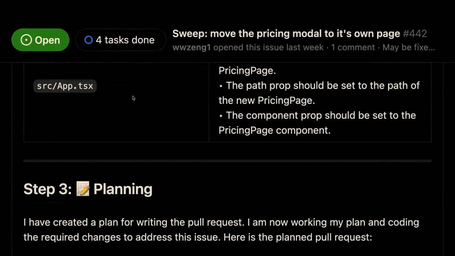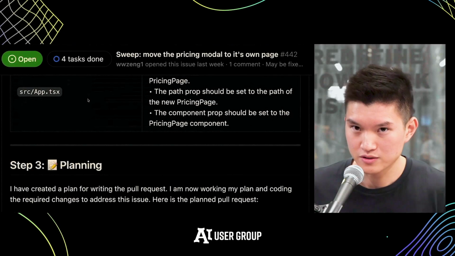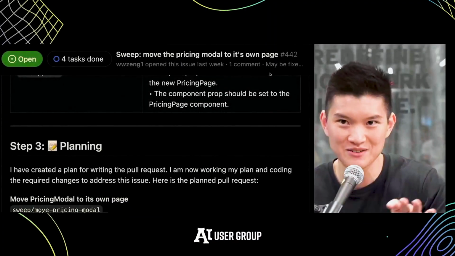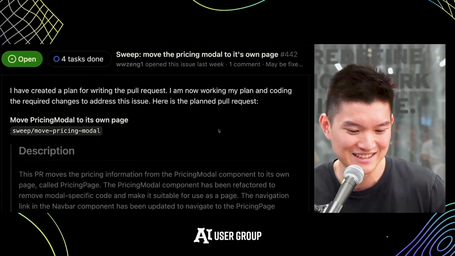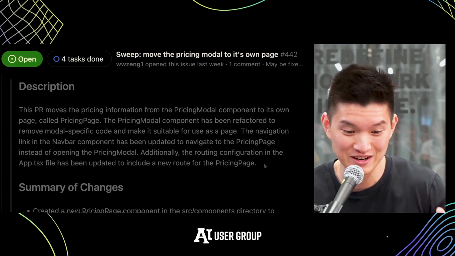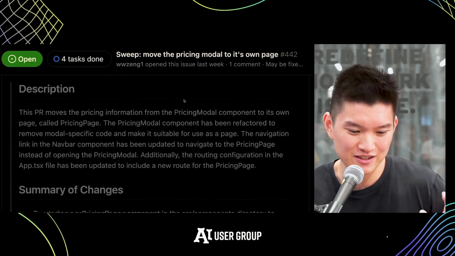Then, if you've written a PR description, you'll know that they're typically really poorly written, right? Personally, I would just put in a couple of sentences of, here's what I did. Or I'll just write one sentence. If I were to write the PR description, I'd say, move the pricing modal to its own page. I would not write any details about what I did. But Sweep is not lazy like me, so it can actually write it. So it says, here's a PR description.